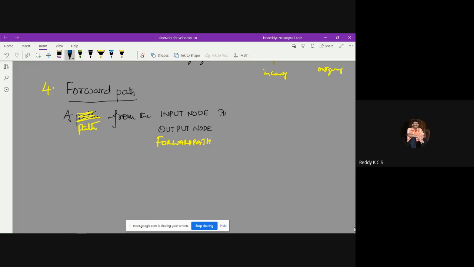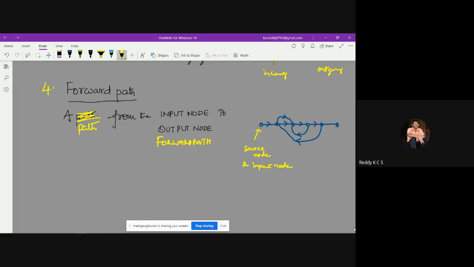Say I have a system like this, and signals are coming like this to this branch, and to this branch, and one more branch is coming like this. The direction of each signal is different. This node has only outgoing branches, so it is called a source node, or input node.